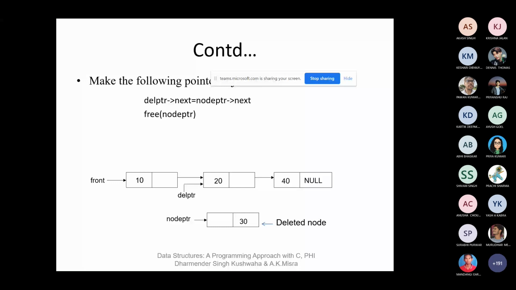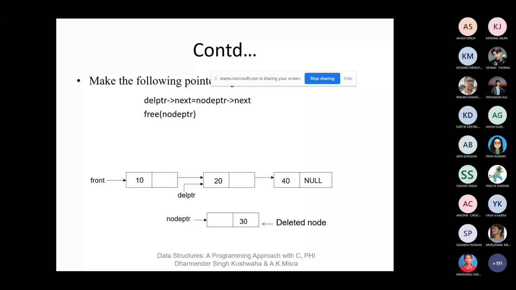How you can delete at the end of the list? End of the list के लिए हमें क्या करना होगा? Ma'am, we will traverse till the second last and will assign value null to that link part.